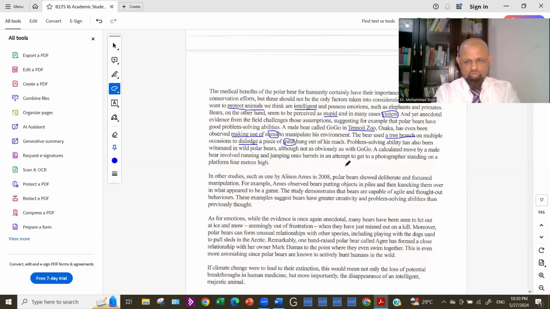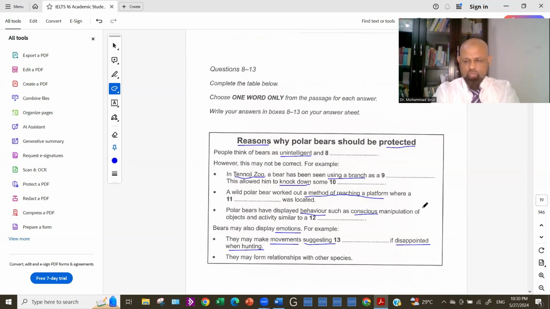Hung out of his reach. Yeah. It was a bit away from the bear. Okay. Maybe we can find it quickly. Yeah, that's better. So I'll just put the page number so the page appears that we actually need. Okay.